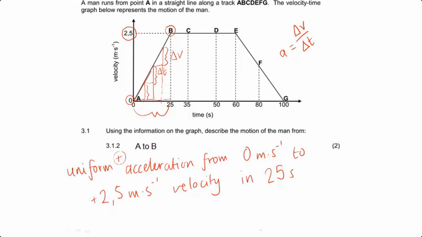We can see that the gradient is sloping upward. That's a positive gradient, and the gradient of a VT graph means acceleration. And so that tells us there's a positive acceleration.